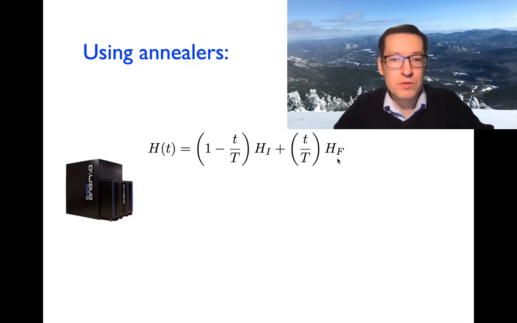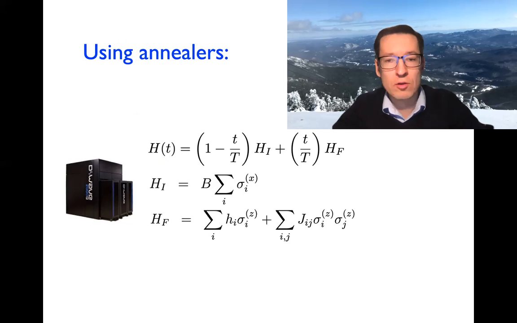Now, the way it works, at least for D-Wave, is that the initial Hamiltonian is where all the qubits are under the action of the magnetic field in the transverse direction, the x direction. That's why the Hamiltonian can be simply written like this.